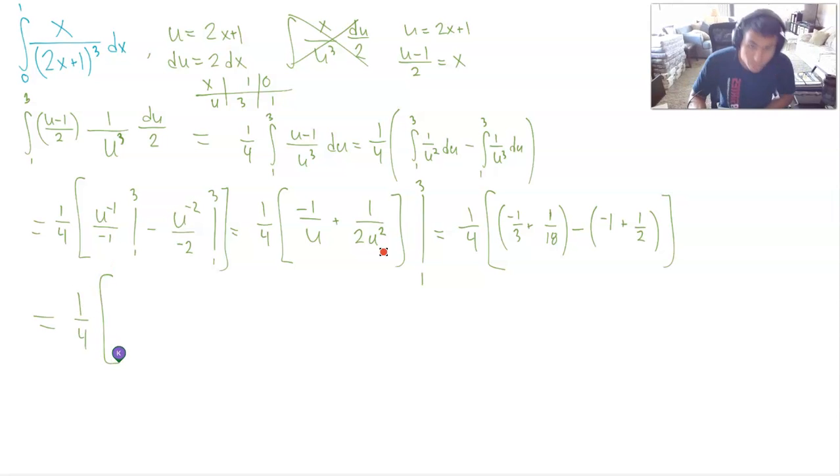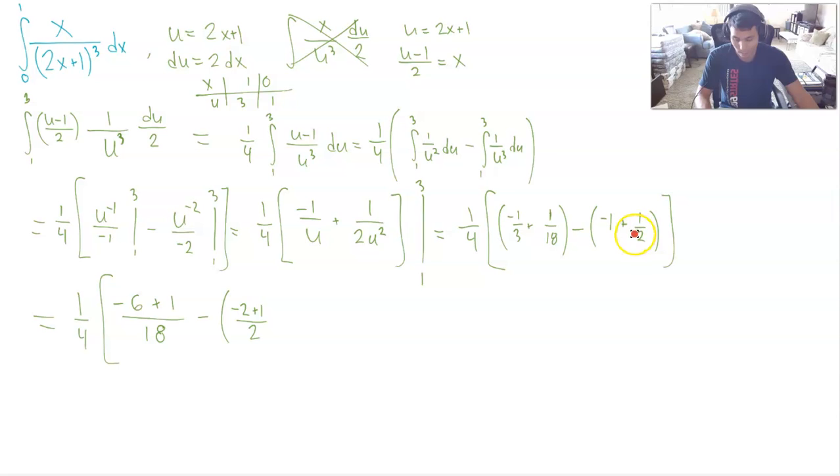Now negative 1/3 plus 1/18. Our common denominator is 18. So if we multiply negative 1/3 by 6 over 6, we get negative 6 plus 1 over 18, right? I'm just trying to find a common denominator here. And on the other hand, what we get is negative 1 plus 1/2. With a common denominator of 2, this is negative 2 plus 1, so it's just going to be negative 1/2 again.